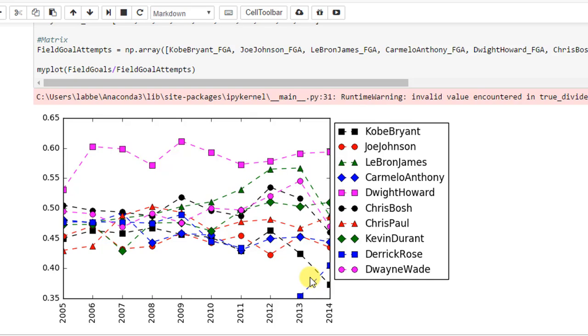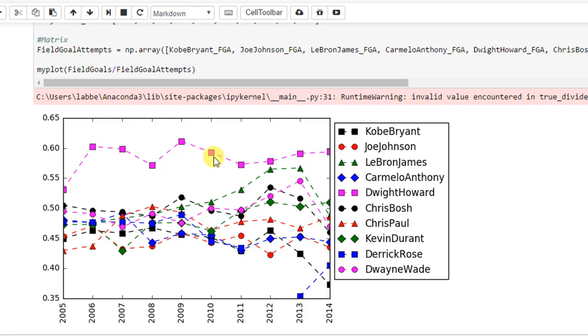Well, let's think. If a player like Dwight Howard is not good at shooting from a certain distance, as we can see in the field goal data, one explanation could be that he's a very tall player who just dunks the ball into the net, and in that way he has a very high accuracy because he hardly misses a shot.